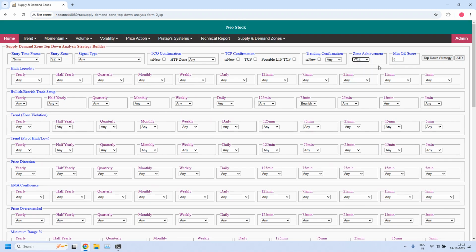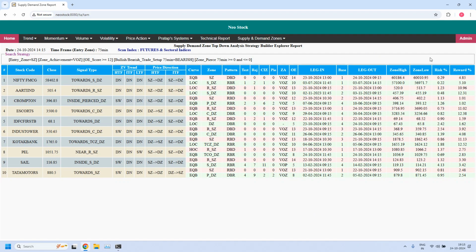Zone achievement violated opposing zone, minimum order enhancer score 12. All the 3 filters are applied to the 75 minute supply zone. Let's verify. We got 10 stocks. All these 10 stocks are currently supporting bearish trade setup for weekly income trade. That is entry time frame 75 minutes, zone is supply zone.